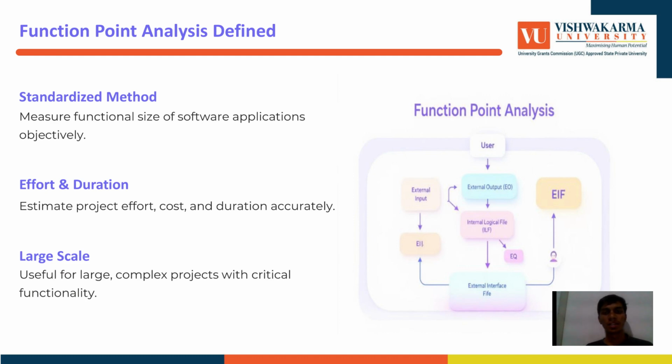What's special is it's independent of the programming language. So whether you are building in Java, Python, or even a low-code platform, the estimation logic remains the same. It's especially useful during the early stages of software development when you don't have a single line of code but you need to make time or budget decisions.